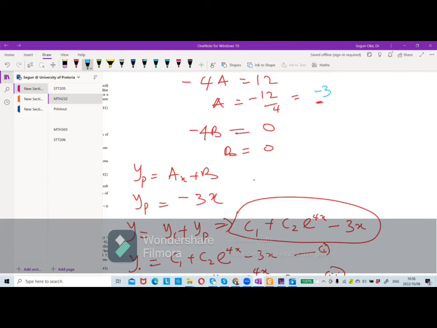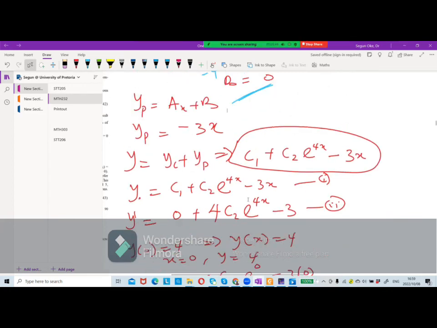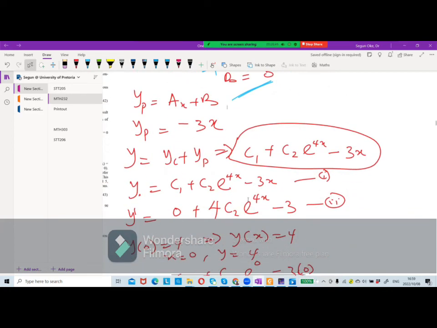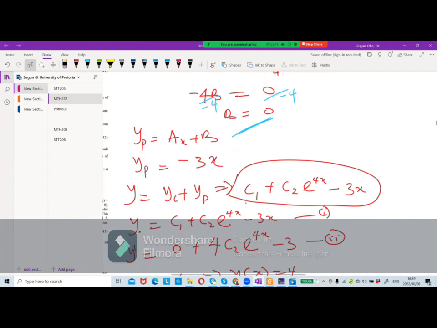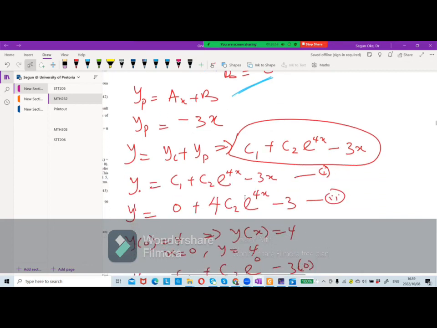Then we substitute a, our b is equal to 0 automatically because everything equals 0. When you divide both sides by -4, you have this. So our y is c1 plus c2 exponential 4x minus 3x.